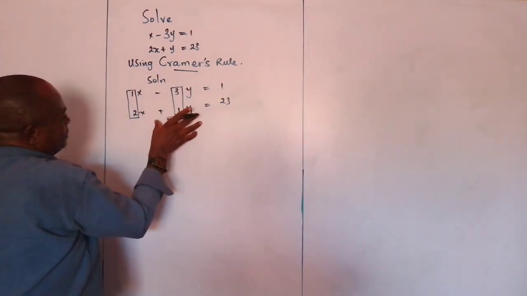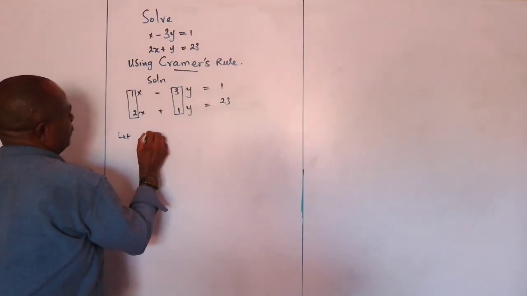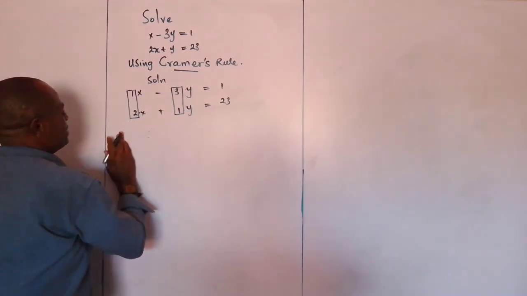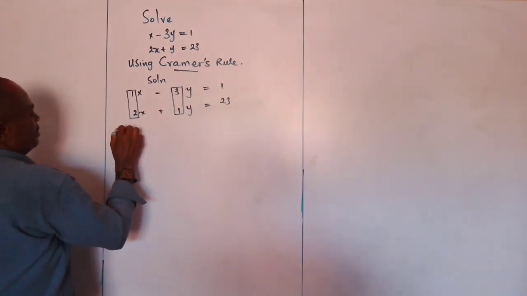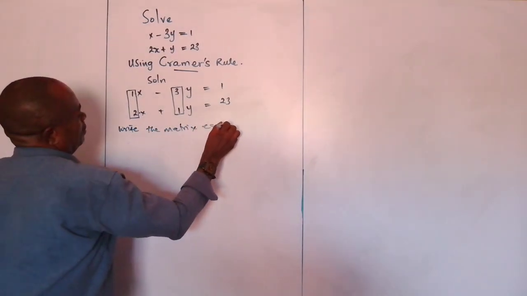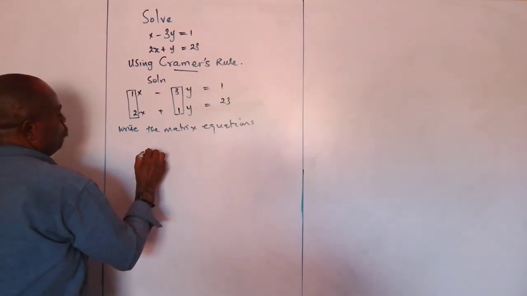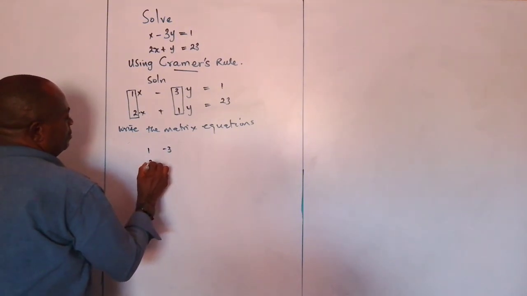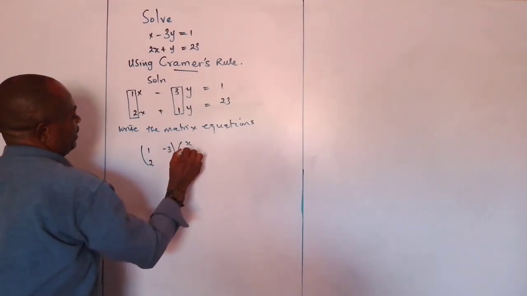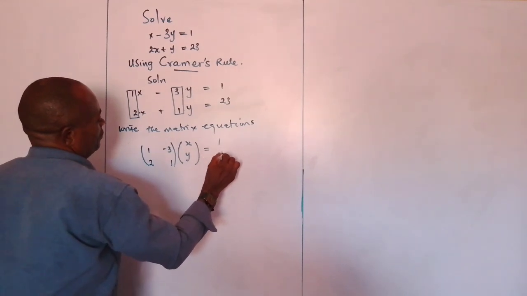So if I want to write this in terms of matrix, the matrix equation will look like this: 1, -3, 2, 1, all of this multiplying x and y, equals 1, then 23.